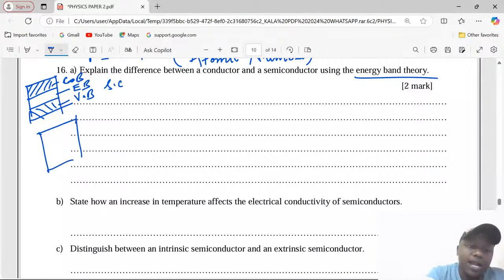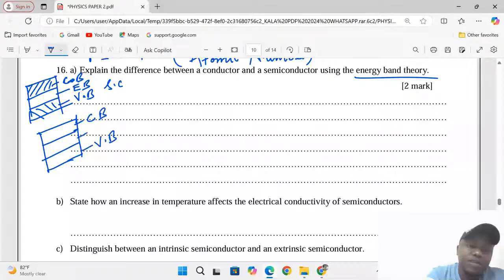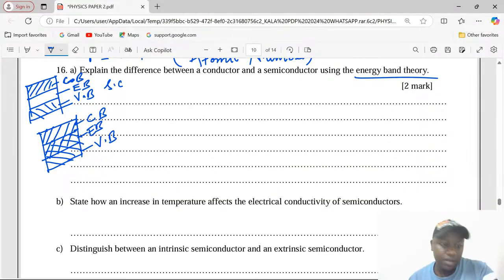Then for a conductor, we have the conduction band, the valence band, and we have the energy band. Now we say, if this is the conduction band, it is such that together with the valence band, they are overlapping, such that conduction is very free.